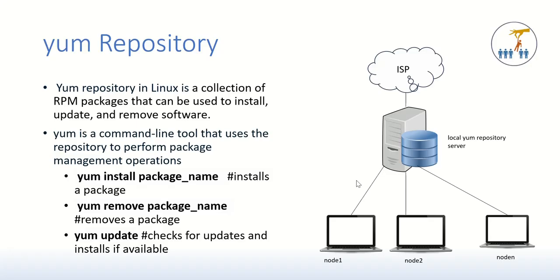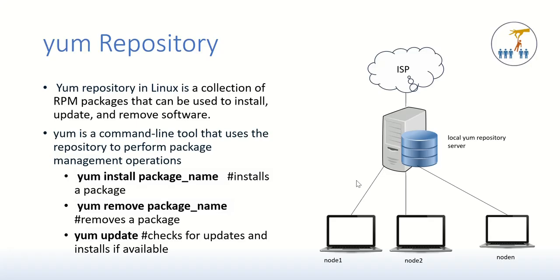If we upgrade directly from the internet, each node in our network might run different versions of packages, and we might run into compatibility issues, with applications working in different ways.